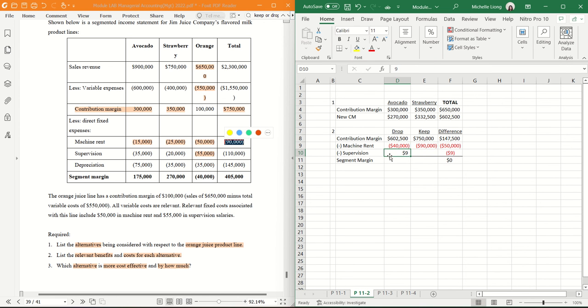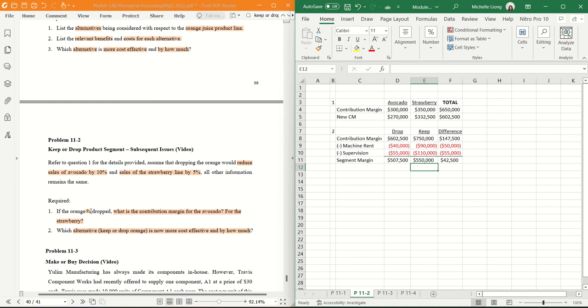Okay, for supervision, if you drop it, 35 plus 20. Meanwhile, if you keep it, you will have 110. So minus 110. And yeah, we just need to add 3 of this and see. Okay, and we have the result.